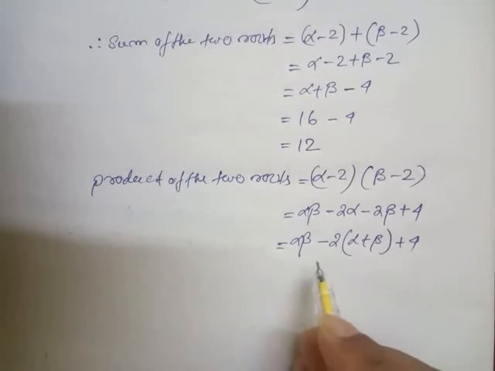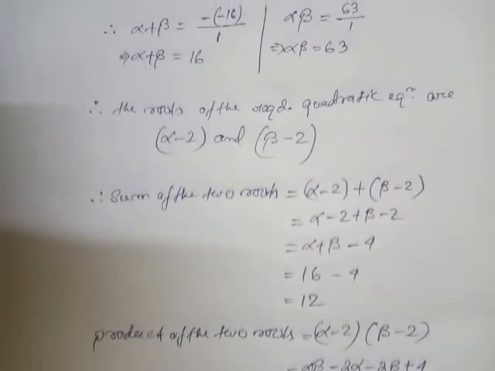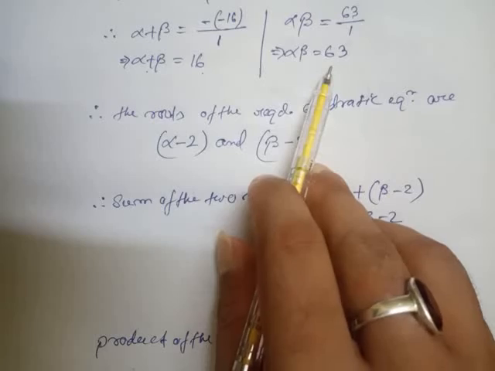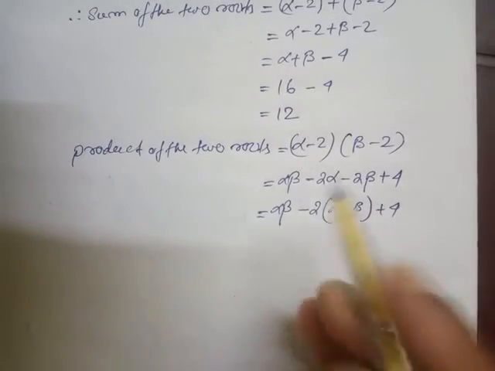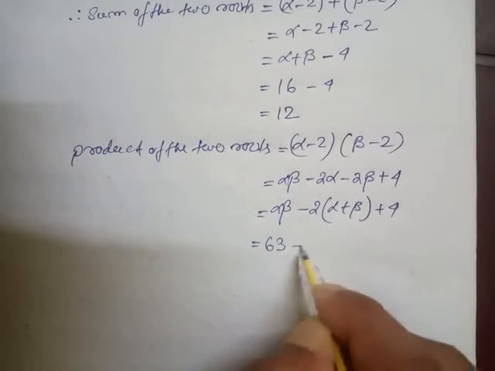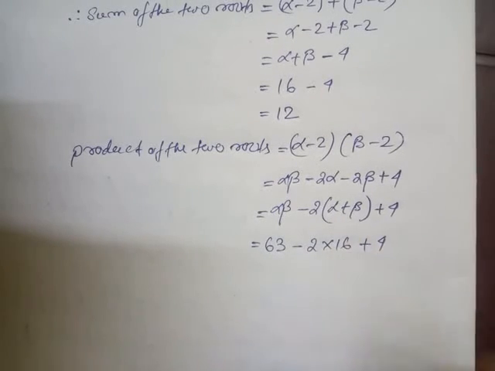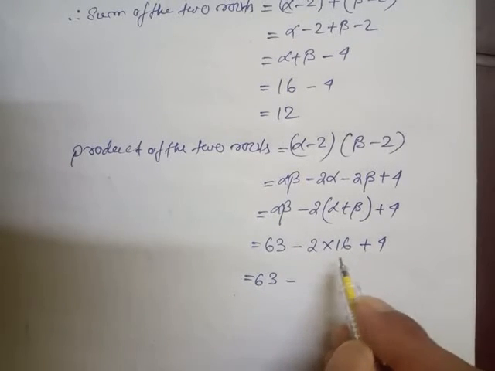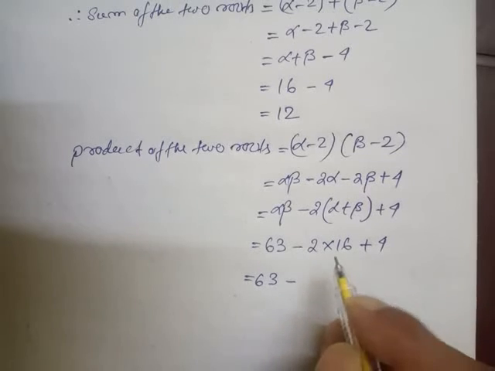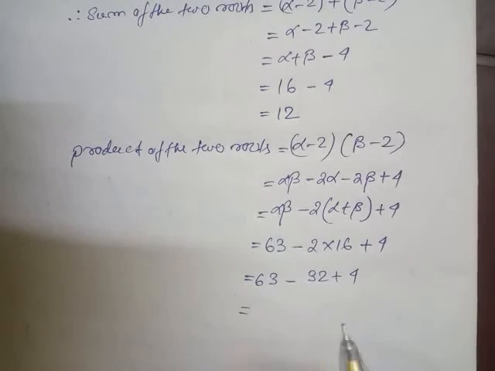Alpha into beta is 63 and alpha plus beta is 16, so we put the values directly: 63 minus 2 into 16 plus 4. That is 63 minus 32 plus 4.